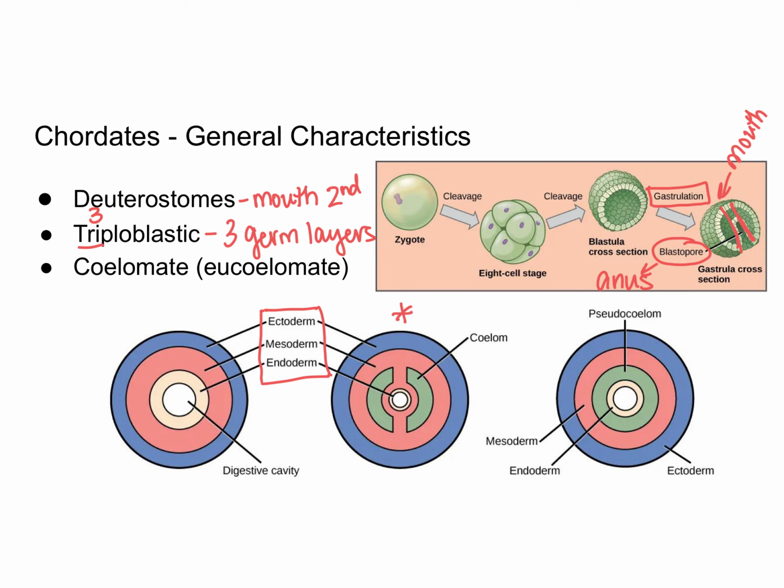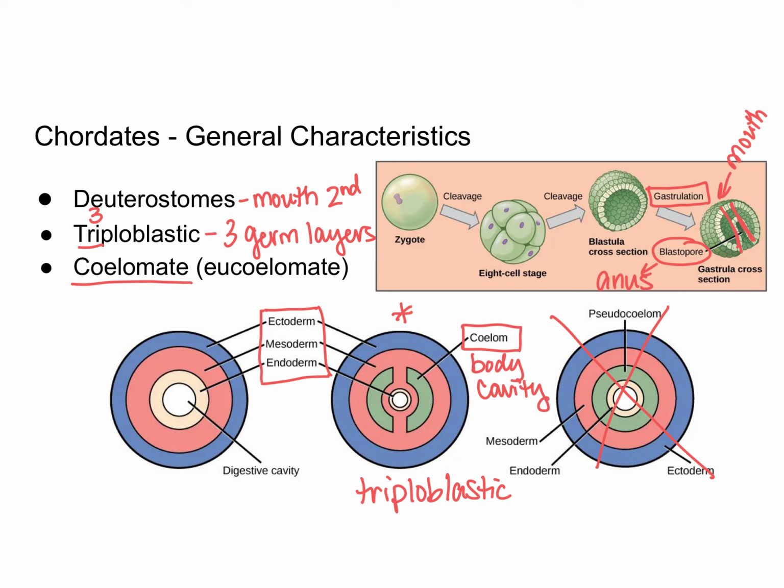And this is the triploblastic example right here. Additionally, this one is also triploblastic, but we're not going to look at that one because we are focusing on the coelomates. So remember that in this middle picture here, we have the coelom, which is a body cavity.